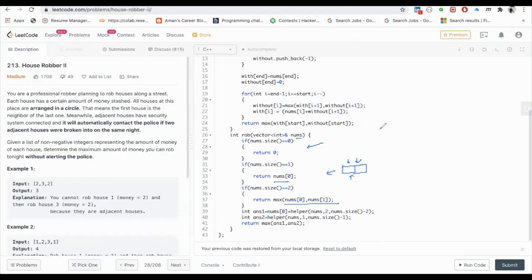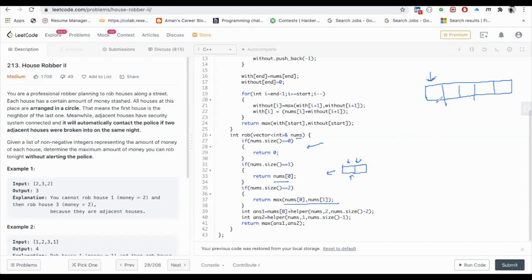Now let's move to the normal general test case where the size of the array is more than 2. As I told you, we have two possibilities: whether to rob at this place or do not rob at this place. If I rob at this place, what is my profit?